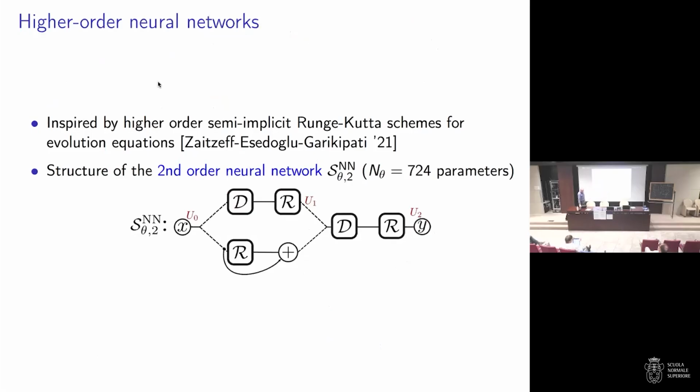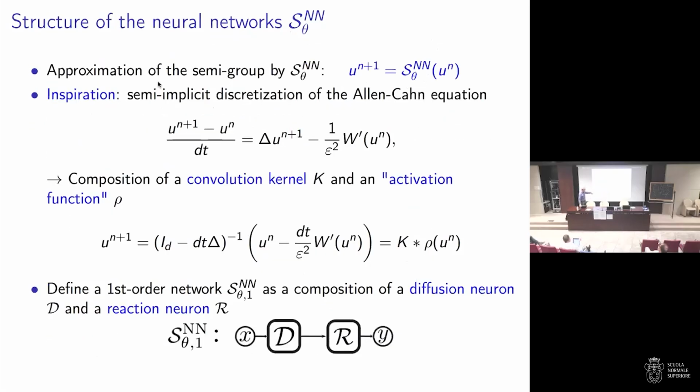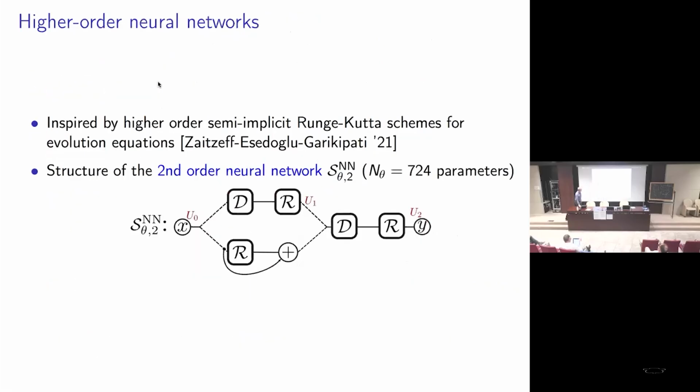Okay, and once you have this structure, you can also try to have higher order neural networks. This is the base brick, and you can also try to combine it with other diffusion neurons and reaction neurons, and here it's just R plus identity.